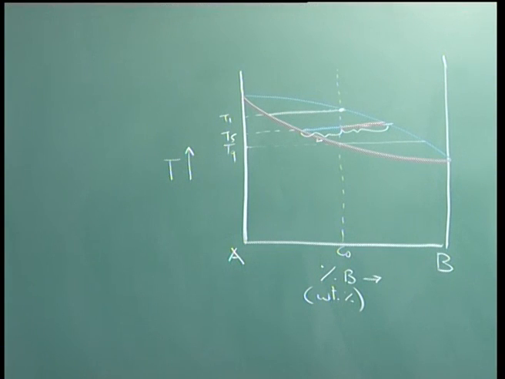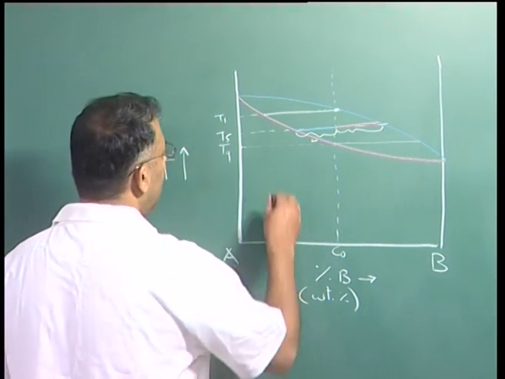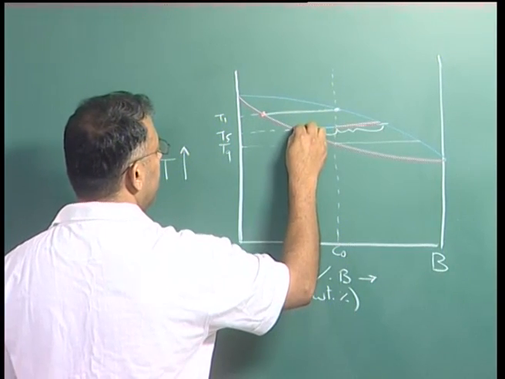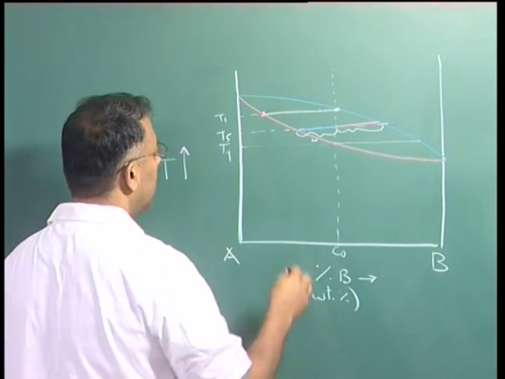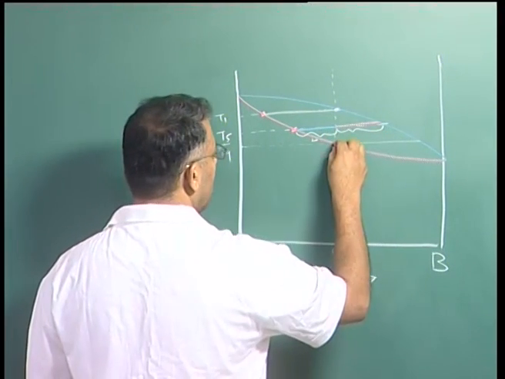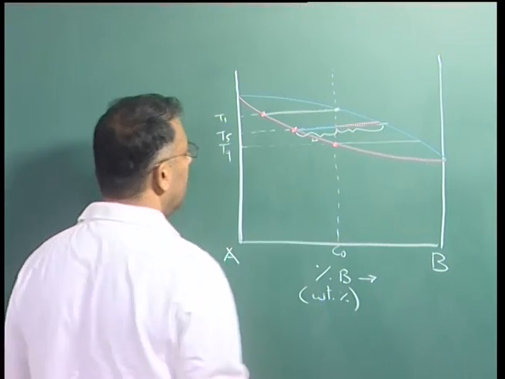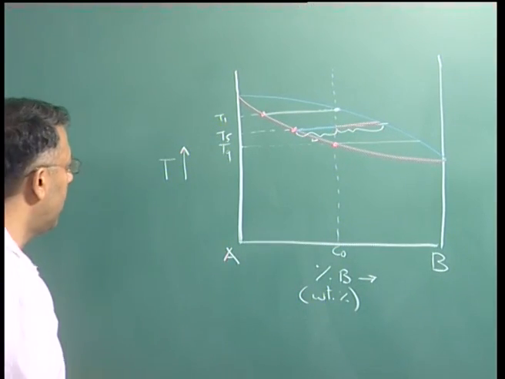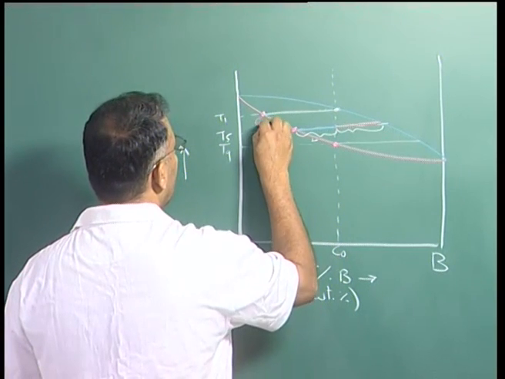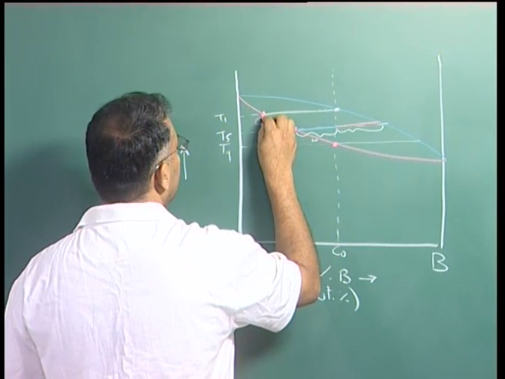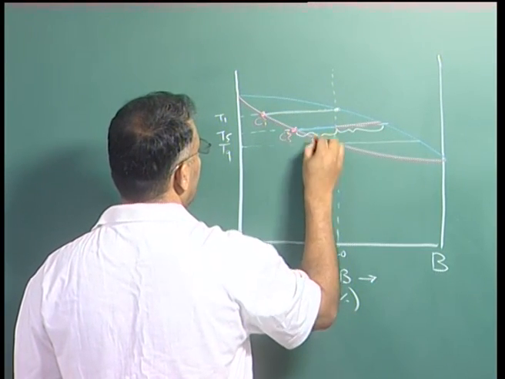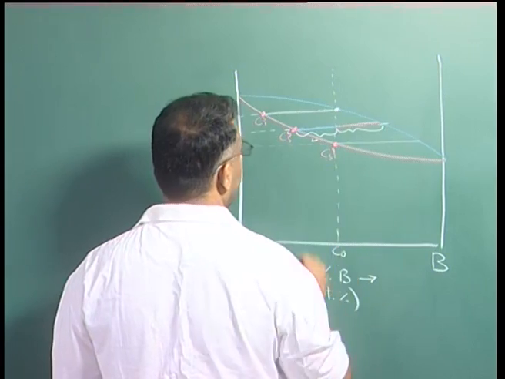But the point I was trying to make here is that the solid which came out first had this composition, the solid which is in equilibrium at this temperature T5 has this composition, and the final solid which comes out of the liquid has this composition. Correspondingly, if you note the liquid, therefore, I have these three compositions. So, I call this C solid 1, C solid 5 and C solid 9.